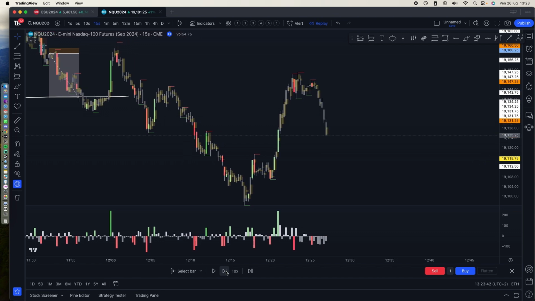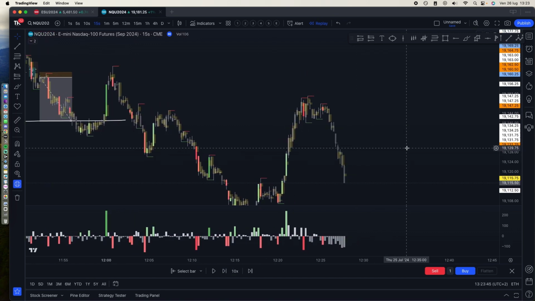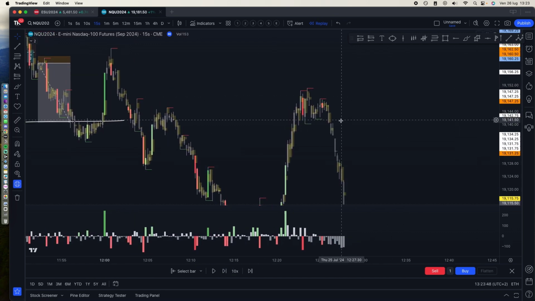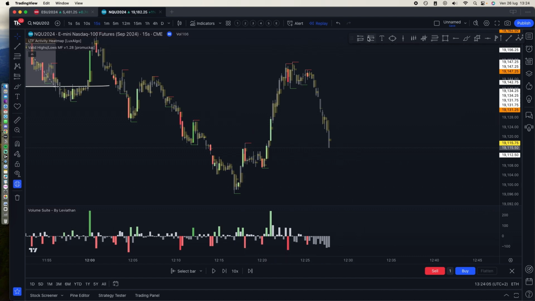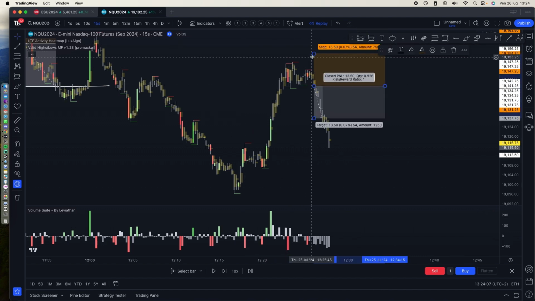Let's have a look. Yeah, we do have a setup, but no trigger because the filter that I add to this trigger is this volume, and we don't have any red candle here, so nothing to do. But obviously this will be a very good trade.